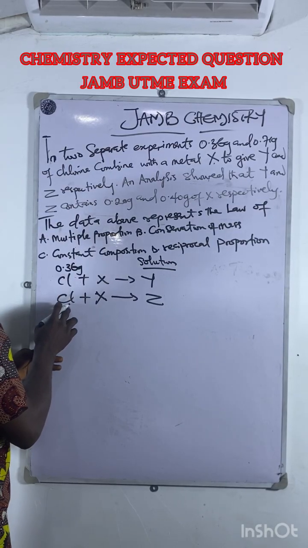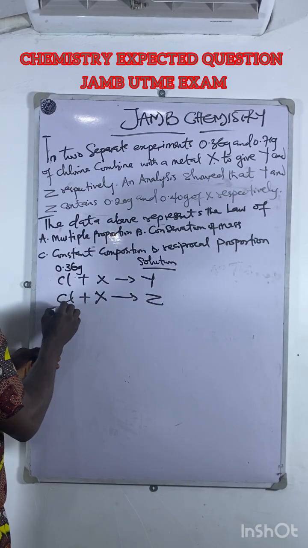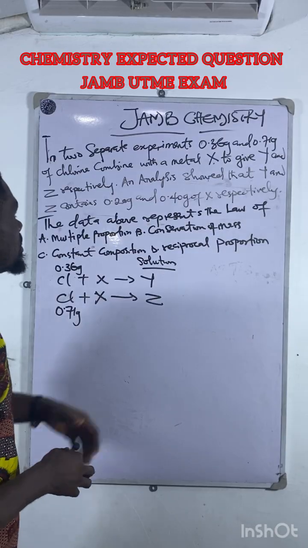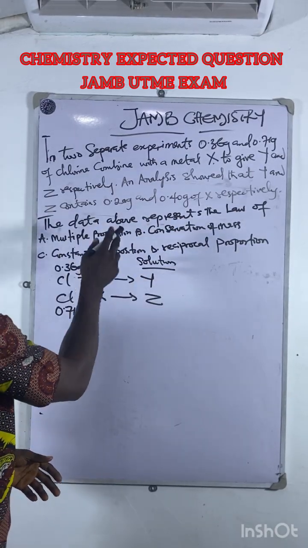The mass of chlorine in the second one, which is for Z, is 0.71 gram.